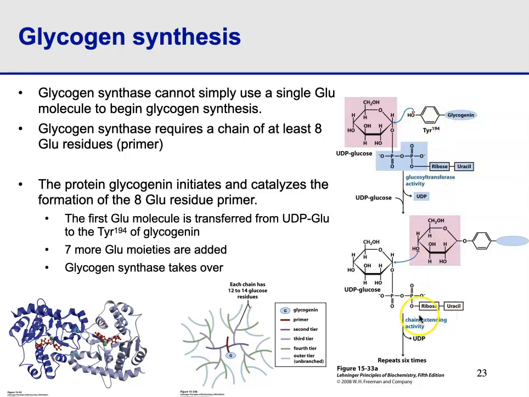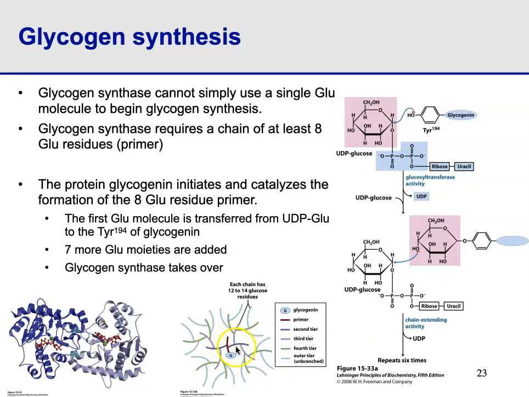Then once we have the first addition, that reaction repeats 7 more times to form the primer of 8 glucose residues bound into a linear chain. This is the reducing end of glycogen. There is only one reducing end, and that reducing end is bound to glycogenin, shown right here.